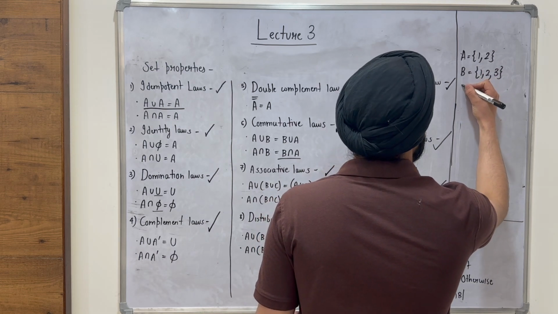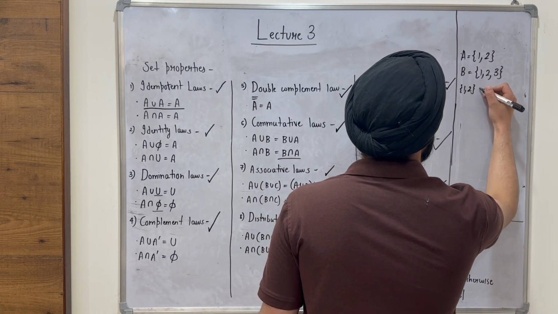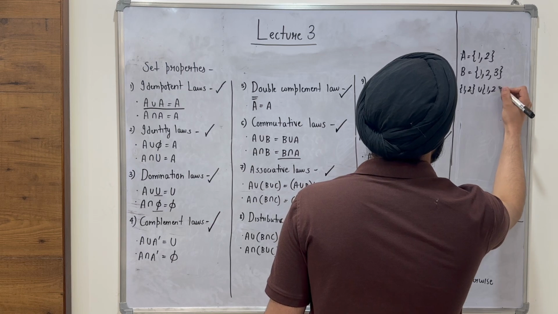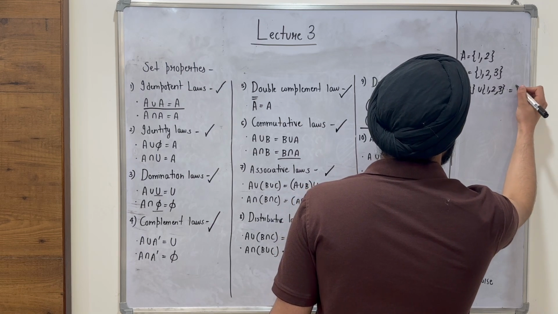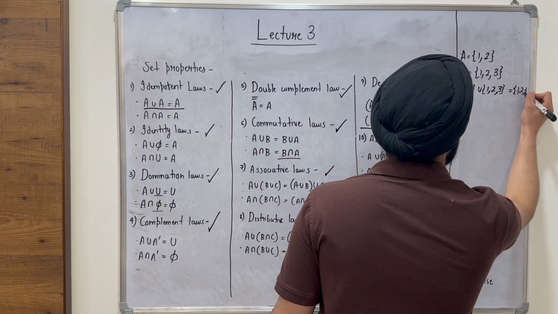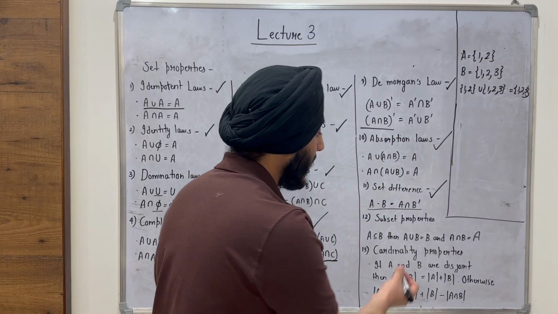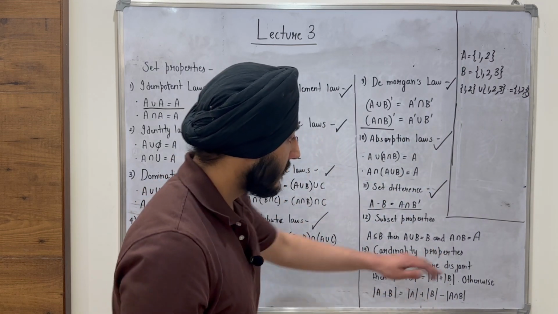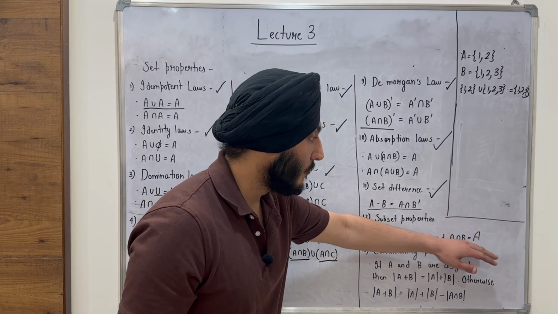So if I take {1, 2} union {1, 2, 3}, it would simply be {1, 2, 3} over here, right? And that is exactly what this says. And it says that A intersection B would simply be A.